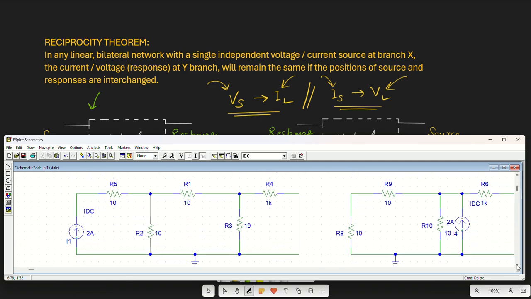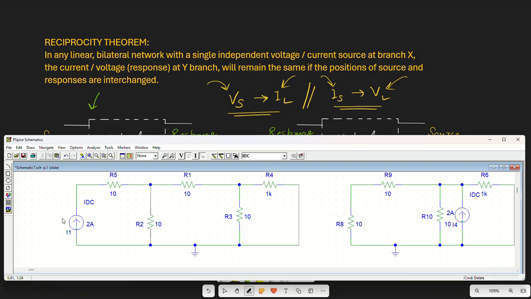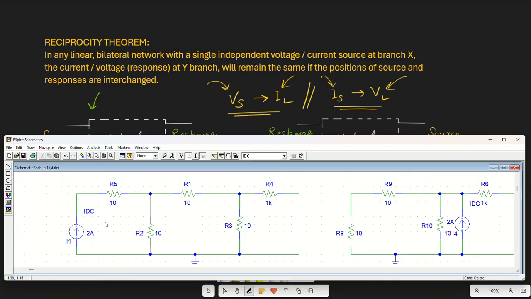If this terminal is open, then whatever voltage is appearing, that will appear across this resistance. Instead of determining it here, putting an open circuit doesn't work in case of PSpice software. So what we can do, we can remove this, we can determine the voltage in this branch. So this will be our circuit.